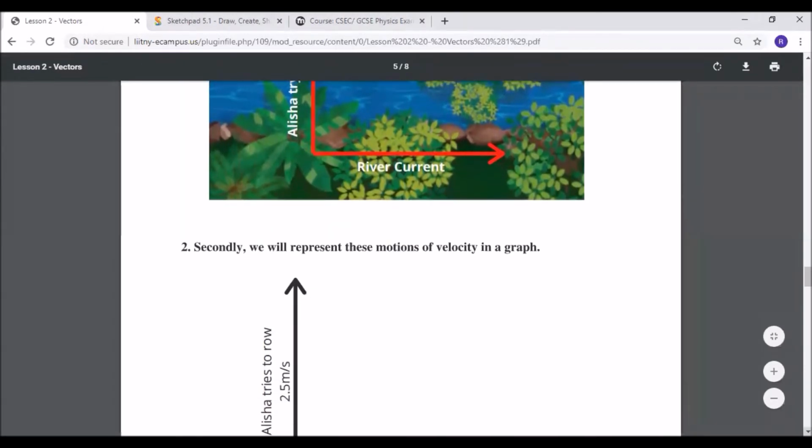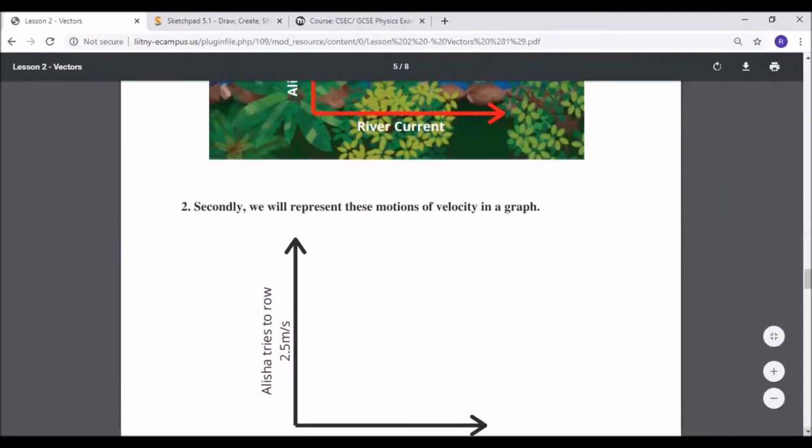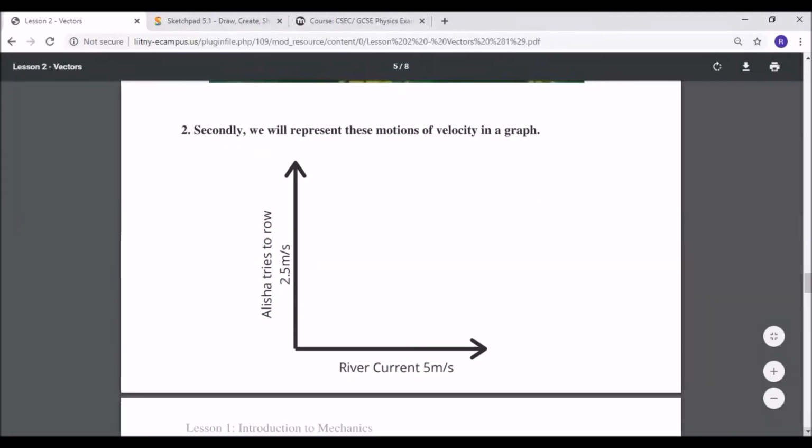So secondly, we will represent these motions of velocity in a graph. And here we take away the physical aspect of it, which is the river, and represent it fully mathematically. So Alicia tries to row 2.5 meters per second this direction, and the river's current is going 5 meters per second in that direction.